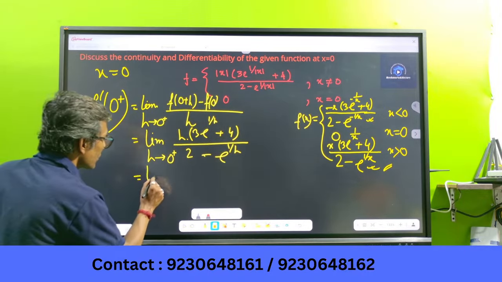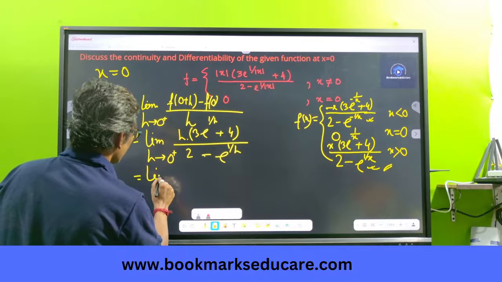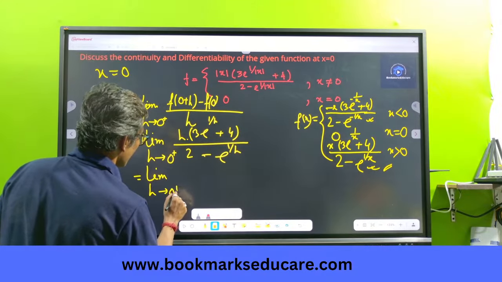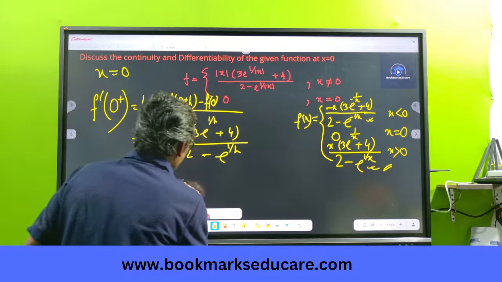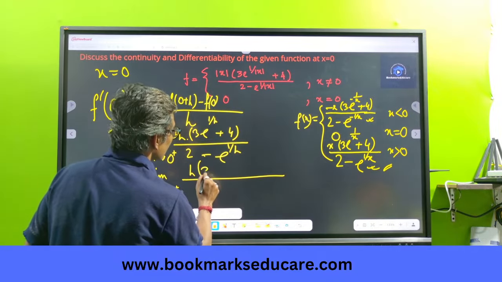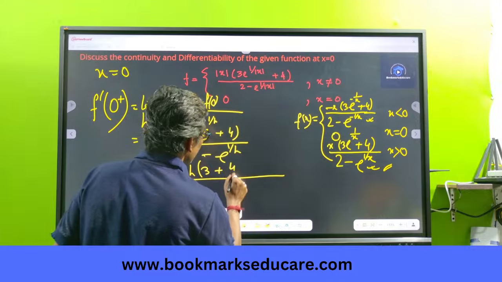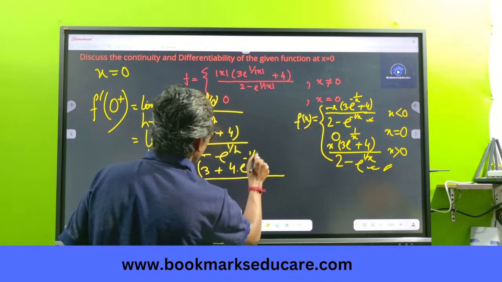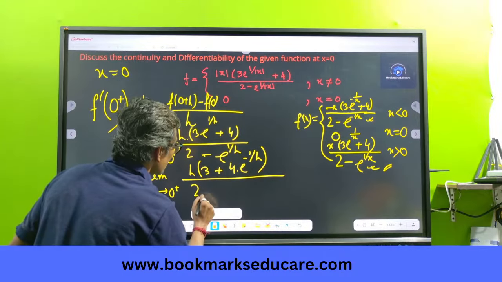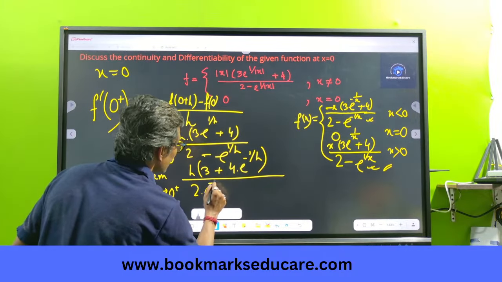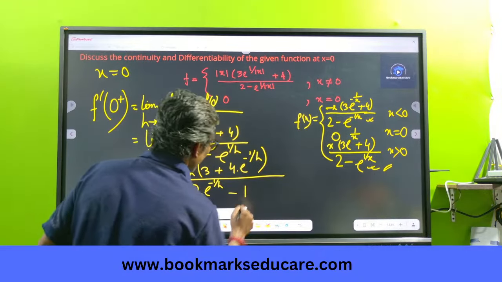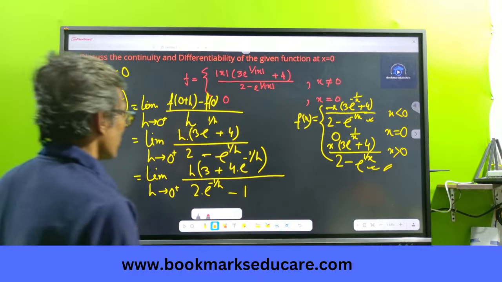So 4 into e to the power minus 1 by h, 2 into e to the power minus 1 by h, 1.